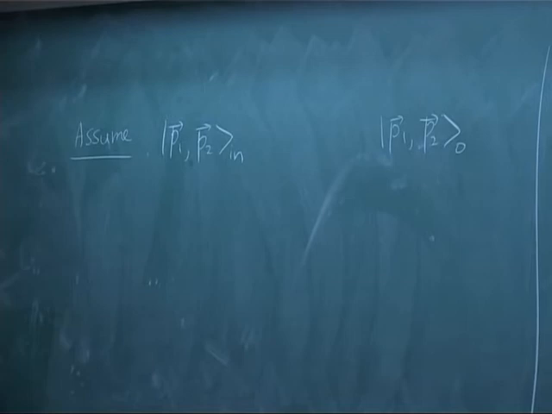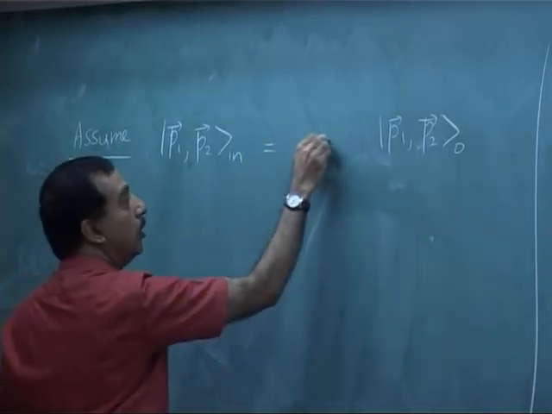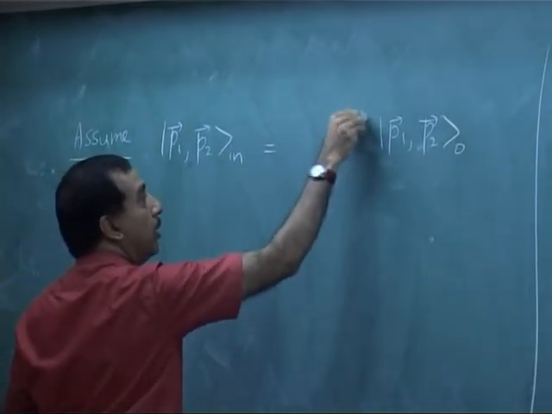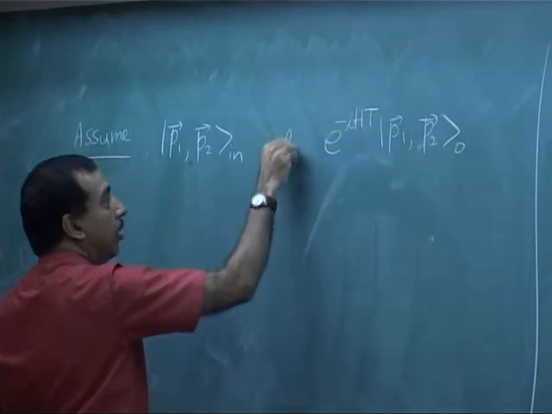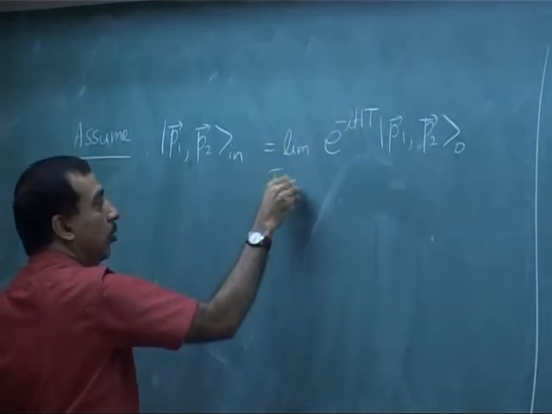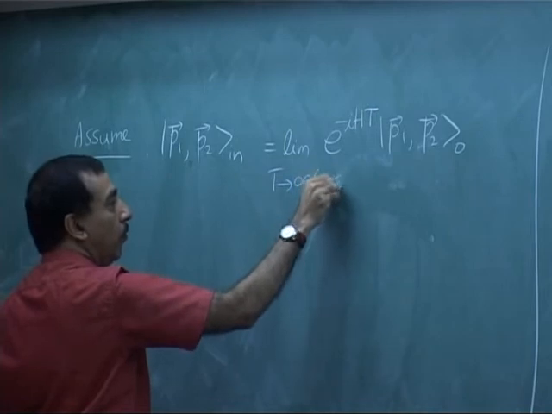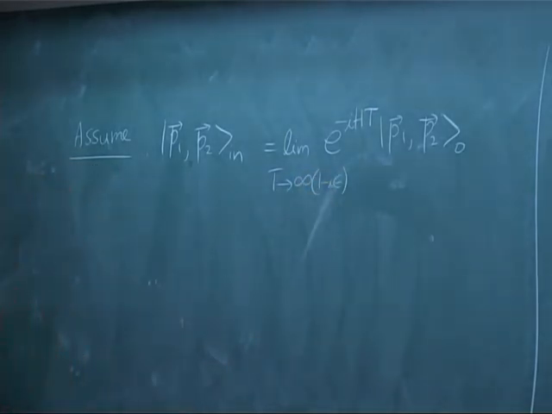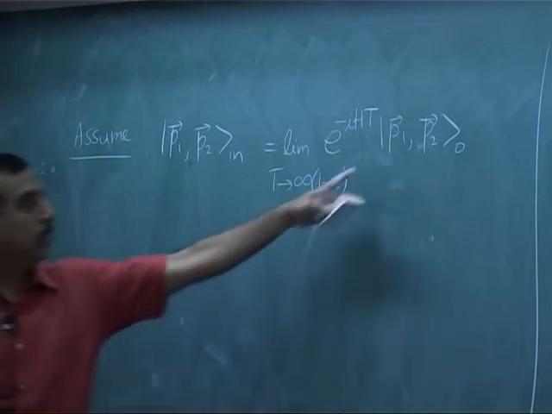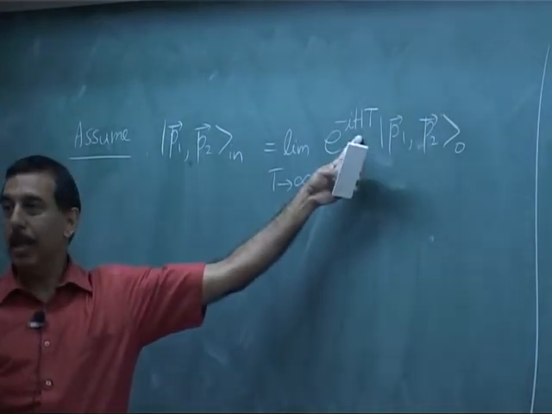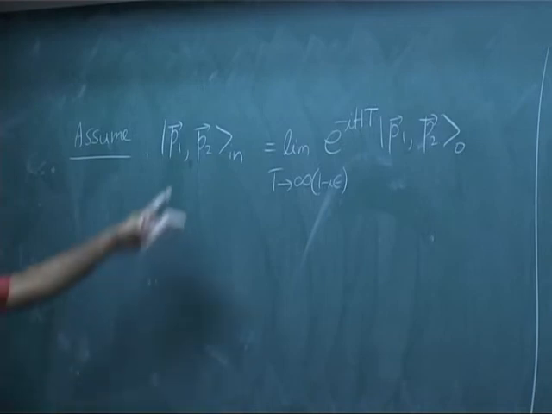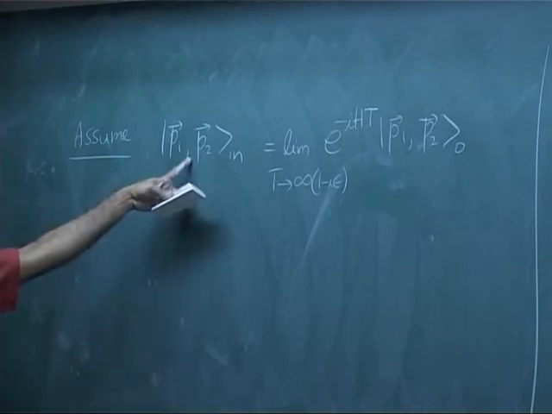And the intelligent guess, by analogy with what we've done earlier, is to put e to the minus iHt and take the limit t goes to infinity(1 - iε). This sends this state into the far past, but it's still a bit tricky because this should be an interacting state in the past.